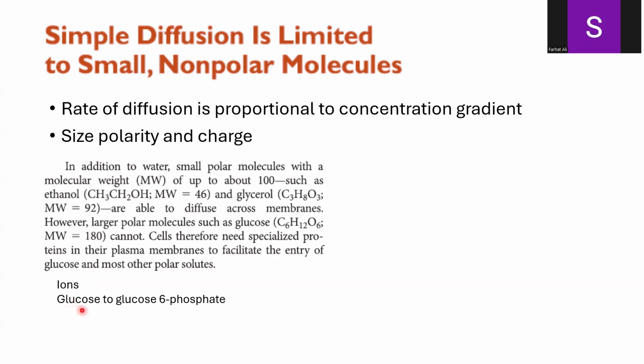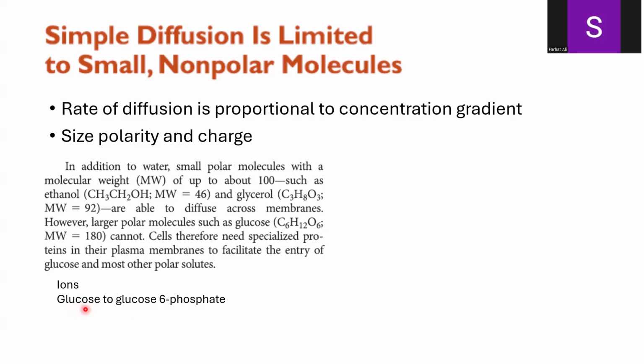Another common example showing polarity and the effect of charge is from the fact that when cells uptake glucose, most of the cells convert glucose to glucose 6-phosphate.